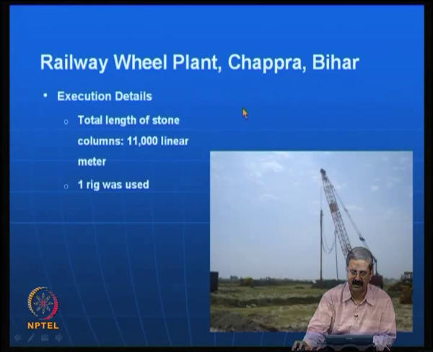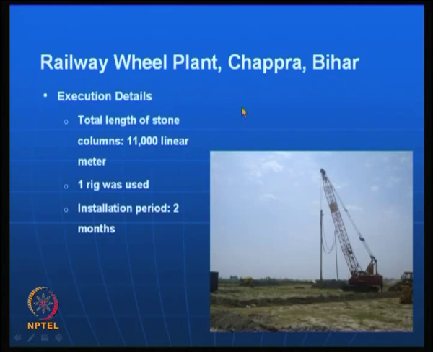Of course, it must be a small project. Installation period is about 2 months. So, I am sure that with many of these ground improvement techniques in practice, one can understand the stone columns as a viable method for improvement of ground.